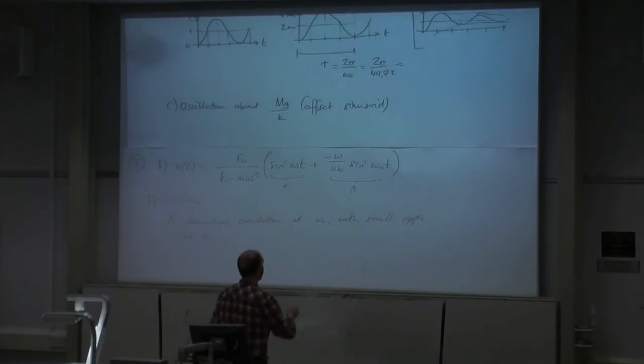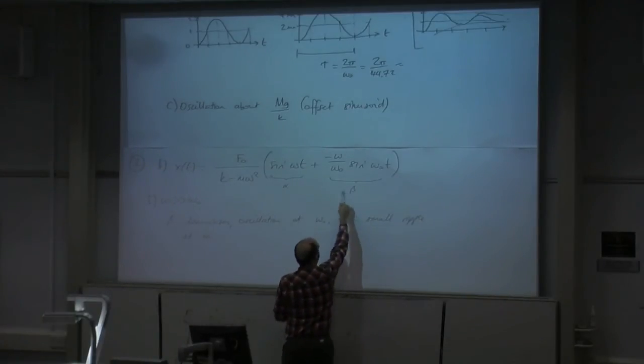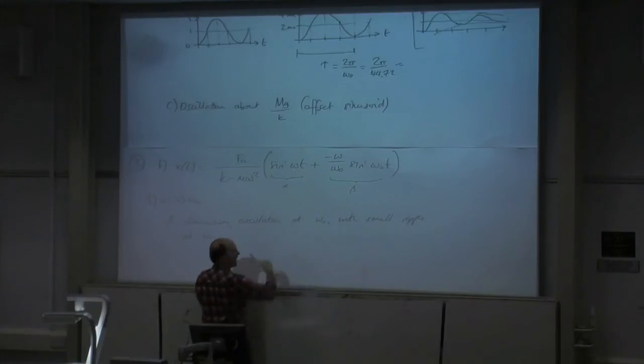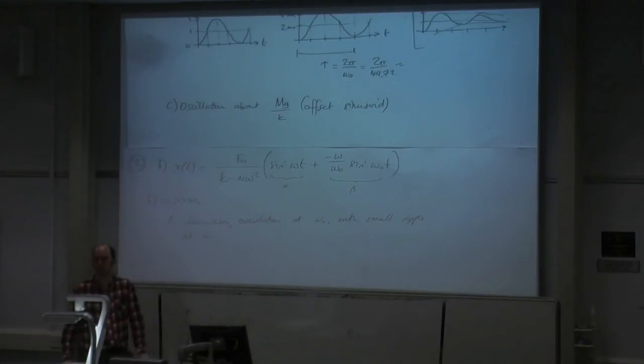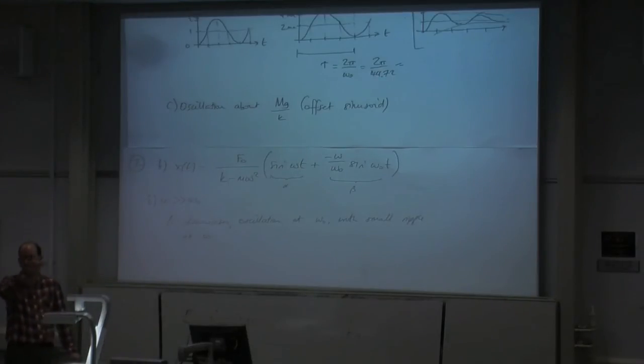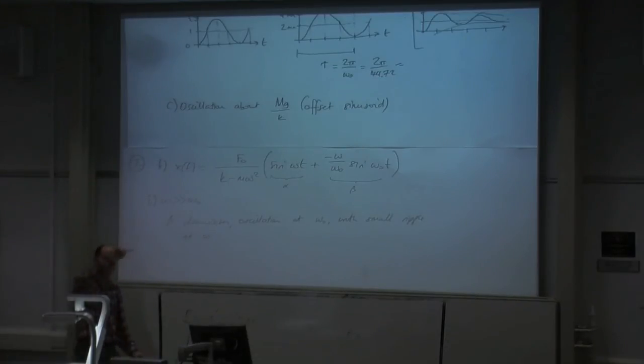So you end up with an oscillation at this frequency, because this term dominates, with a small ripple at omega. Basically you get this big omega naught, which is the natural frequency of the system, but there'll also be a small ripple at omega, so you end up with this sort of response.